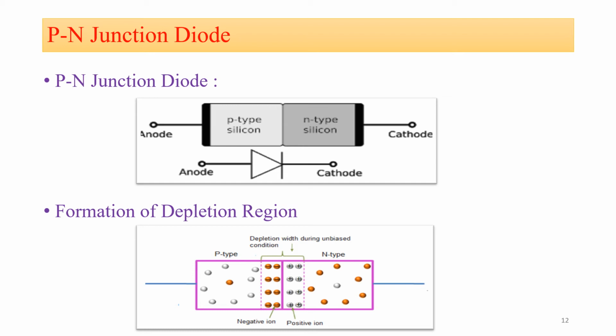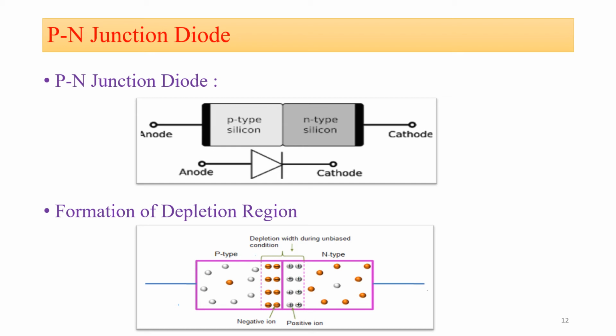Now let's see the formation of the depletion region. As we know, in the n region there are a number of donor atoms. So the holes recombine with the free electrons of the donor atoms. Thus, due to the additional positively charged holes, these donor atoms become positive immobile ions near the n region.